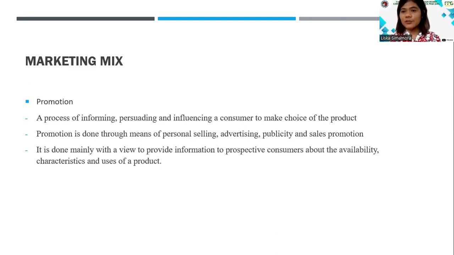And then we have to be able to persuade them to buy our product. And we have to influence them as well, to influence them why they have to choose our product. So we have to create the words, the strategy to be able to inform, to persuade, and to influence our customer and our potential customer.